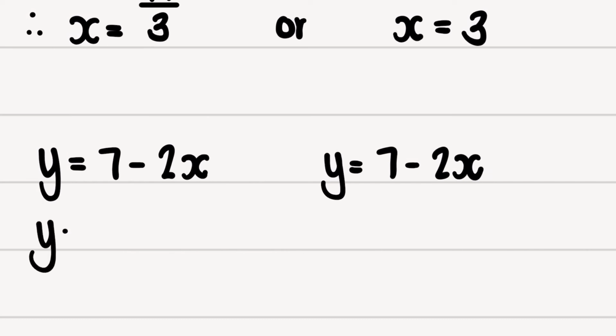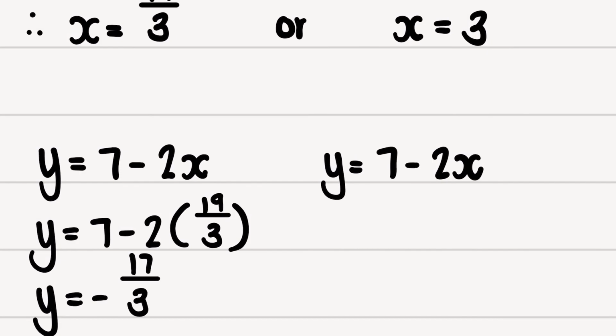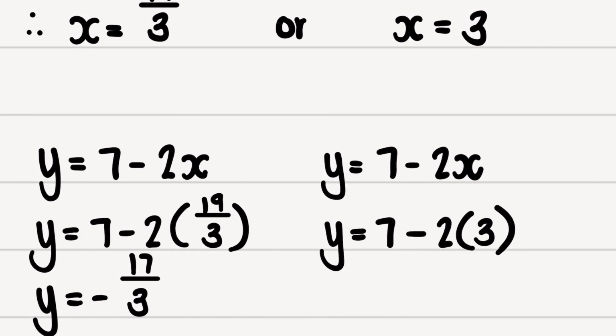So y is equal to 7 minus 2 times 19 over 3. So y is equal to negative 17 over 3. Or y is equal to 7 minus 2 times x, which is 3. So y will equal 7 minus 6, which is 1.